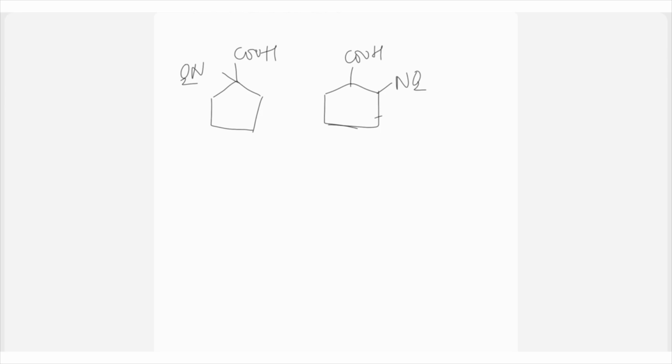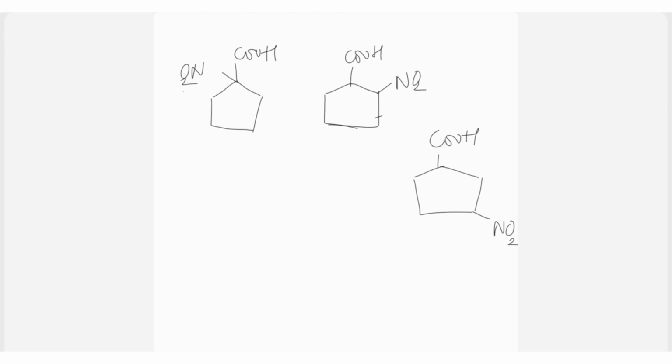Let us see the acidic nature in the cyclic compounds also with one more example. This is cyclopentanoic acid with nitro very close to the acid. Then there is acid and nitro is at ortho position. Then there is acid with nitro at third position.